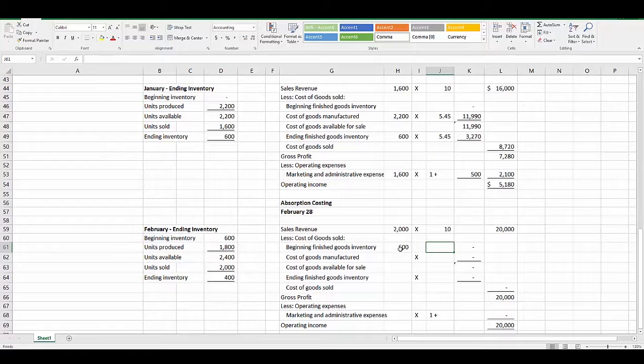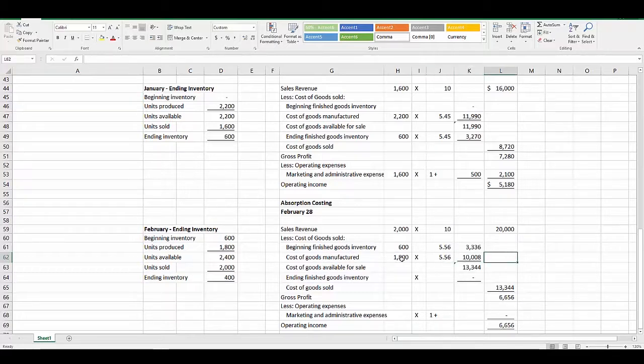As you'll recall, it was 556. Then our cost of goods manufactured, so we're told that we made 1,800 units and the cost of the 1,800 units was 556. So that should be 1,800 units. I had an extra zero in there.